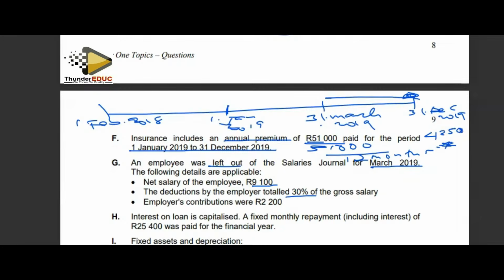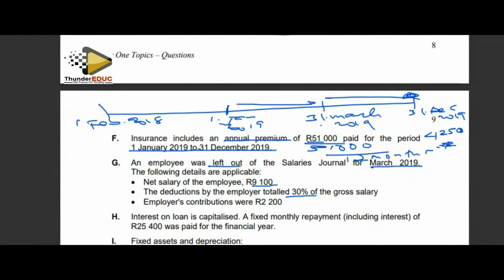So we need to know how many months we paid in advance so that we can subtract it from the figure given to us. So from 1st March until this date, how many months? You count with me. Remember, the period from 1 Jan to March was paid on 1 Jan 2019.